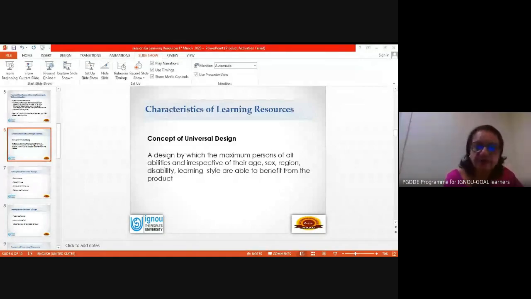The story behind this is that designers were talking about how to make a design which is applicable, or which can help everybody, thinking about how it can be universally accepted, or how universally it can benefit people.